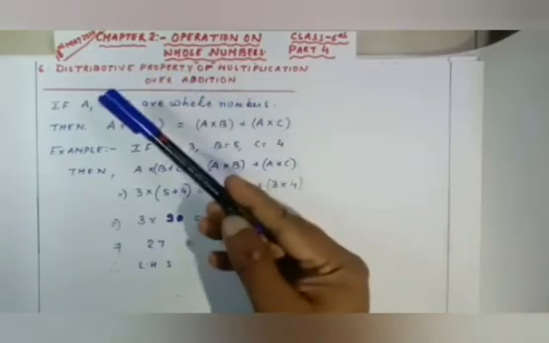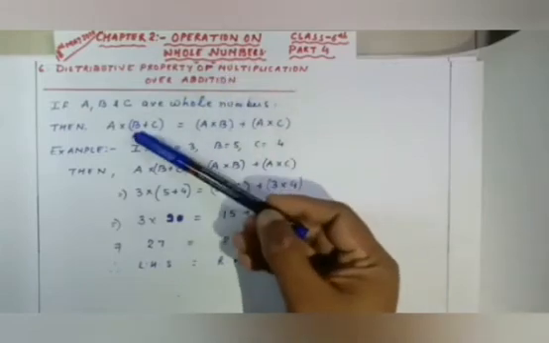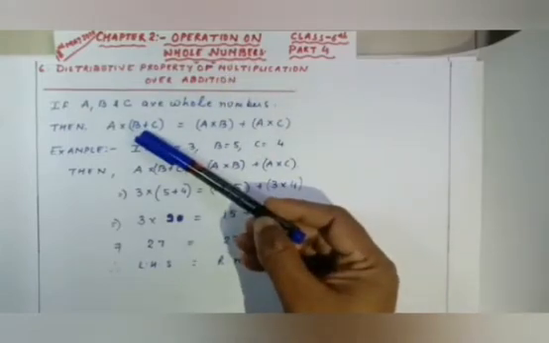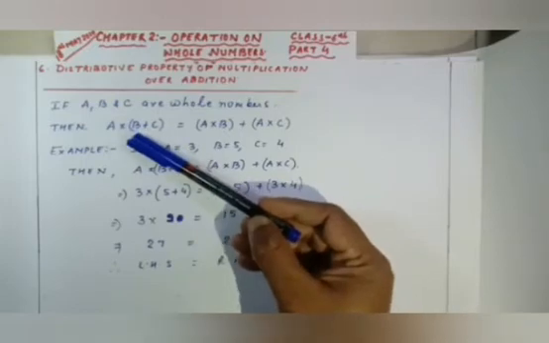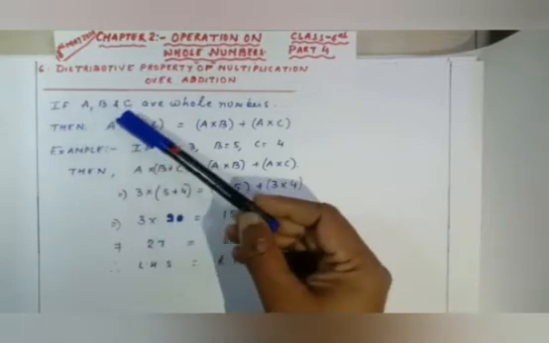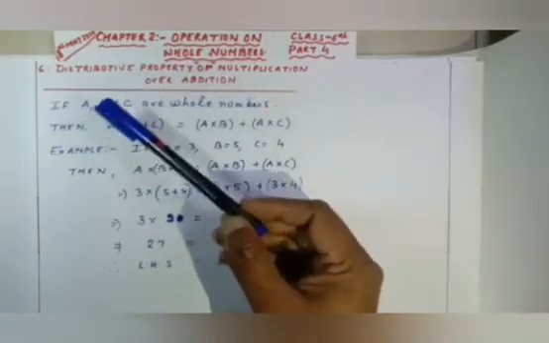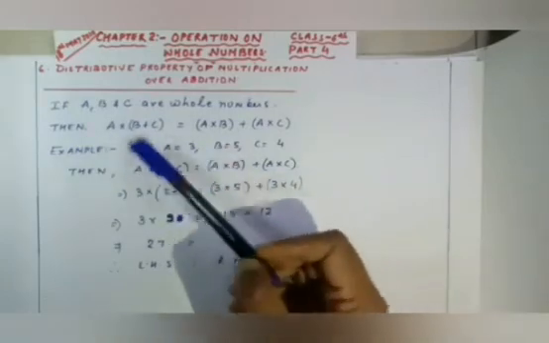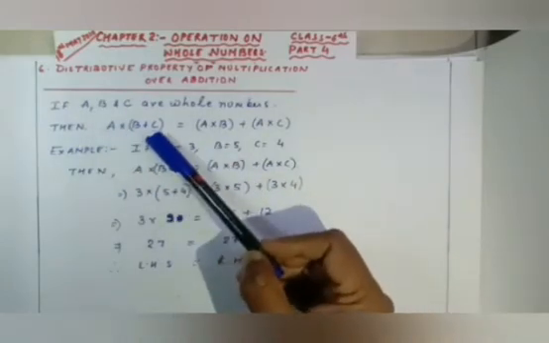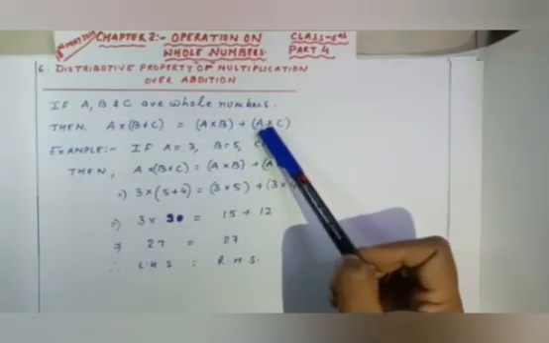Why is it called distributive property of multiplication over addition? Just because of the plus sign over here. Let us see what it says. If a, b and c are whole numbers, over here we are taking three whole numbers, then according to the property a into b plus c is equal to a into b plus a into c.